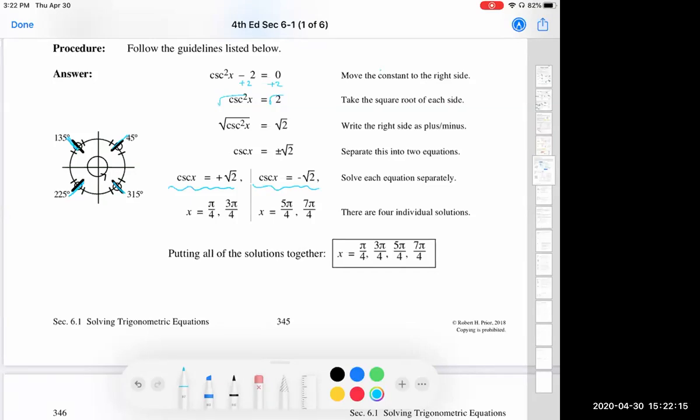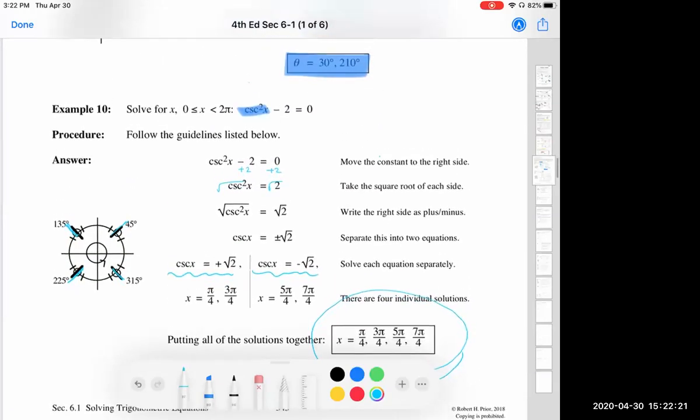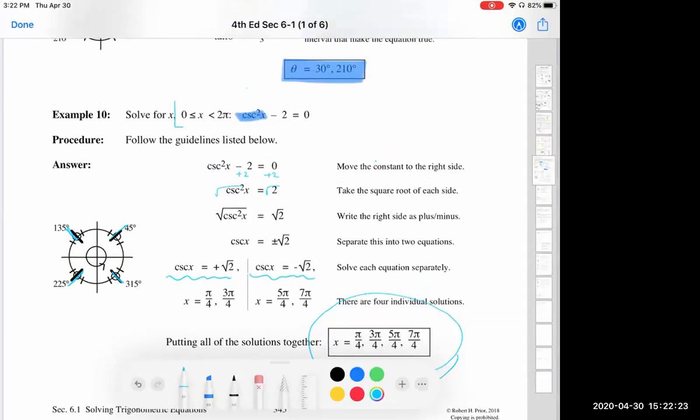Now notice we're not adding a plus 2 pi k because it's telling us that our answer is only going to be found between 0 and 2 pi. If I were to say all, then I'll do the plus 360k, where k is contained in Z. But that's not the case for this problem.